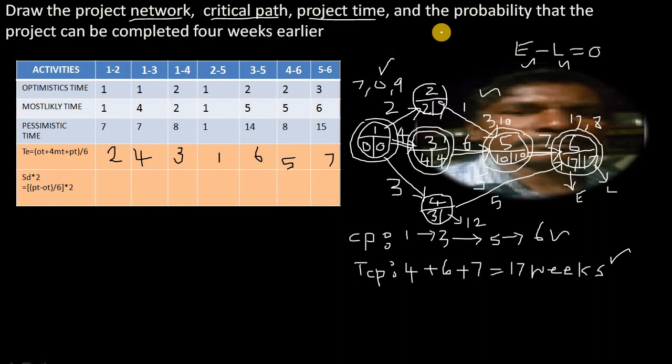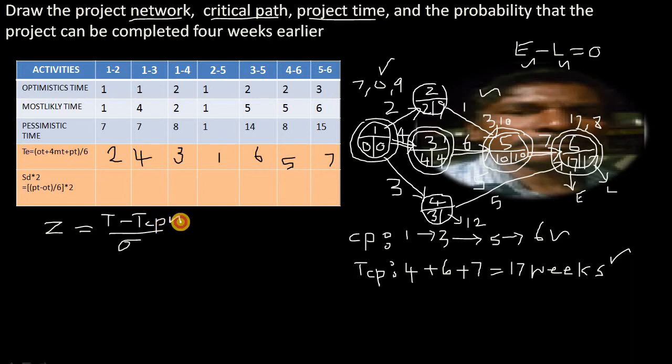So to find the answer for the last question, we have to find the normal variate Z. We know that the Z variate is the targeted time minus the TCP, the time taken through the critical path, divided by sigma. Sigma means standard deviation.